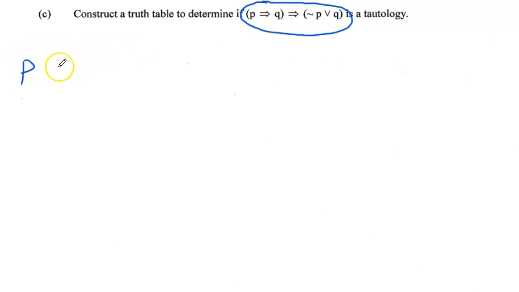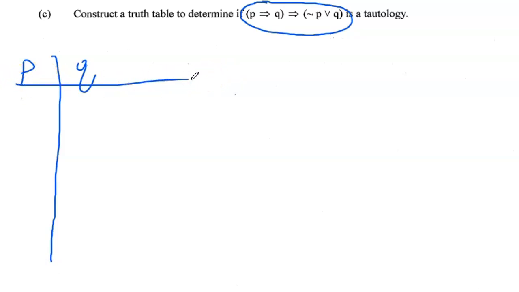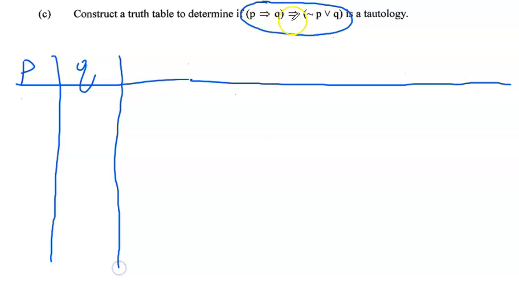So we have P, Q. Since I don't have a ruler, let me try and draw a table as best as I possibly can. We also need not P. We need P implies Q. What else do we need?